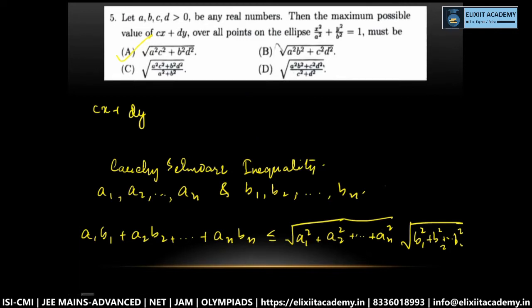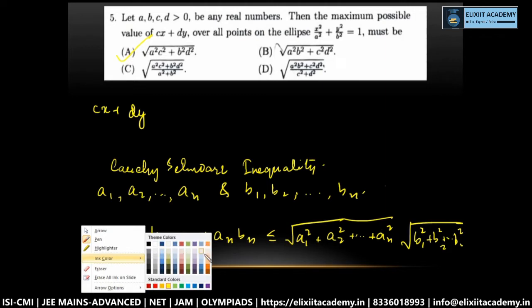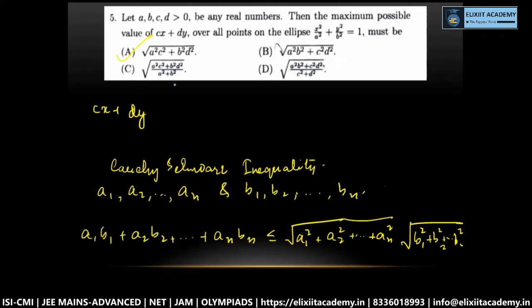How will you solve this? Using this inequality, I'll use a different pen. Let's see. So cx plus dy, we can represent in terms of a into c into x by a, because we have to utilize the condition as well.